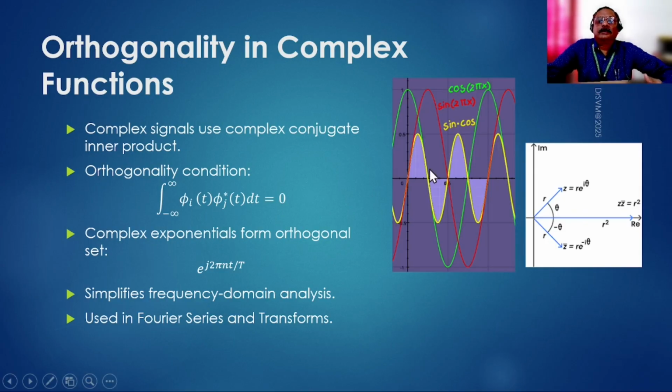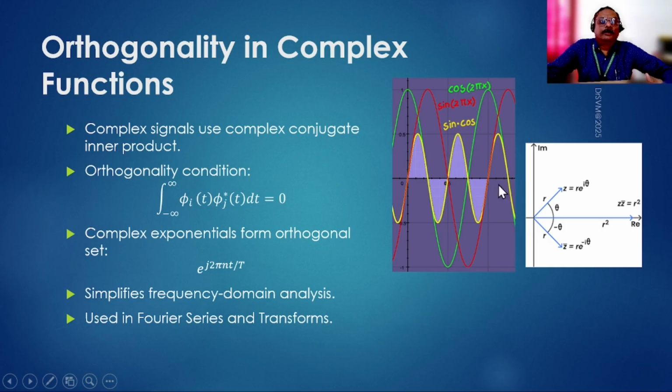So let's take up this example where the red one is a sinusoidal and the green one is a cosinusoidal, and we know that sine and cosine are orthogonal to each other. If we multiply them, then what we get is the yellow one, and integrating that over a period, we find that the shaded positive part and the shaded negative part are always equal.